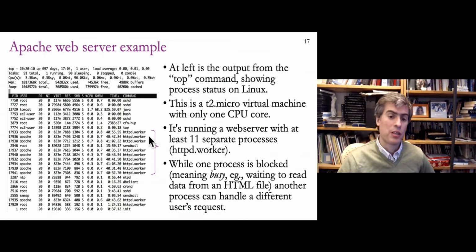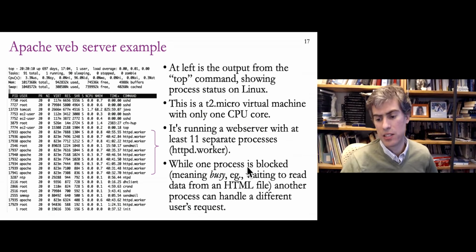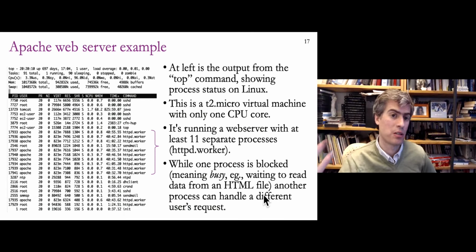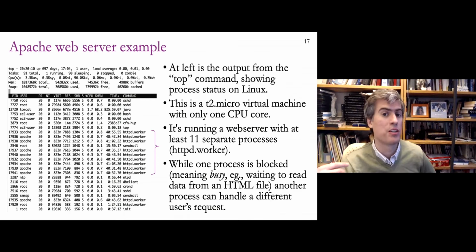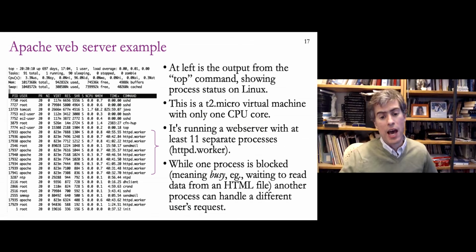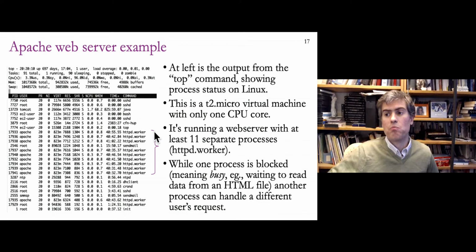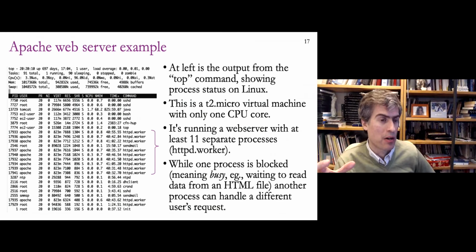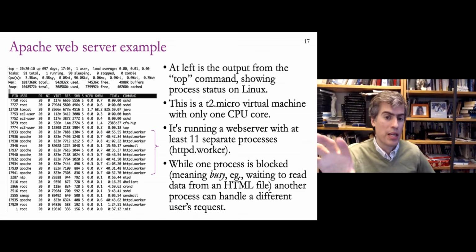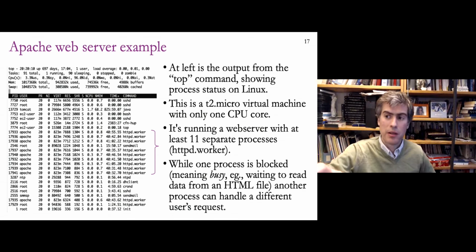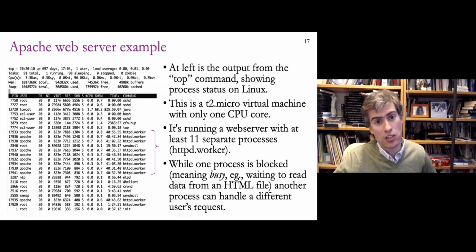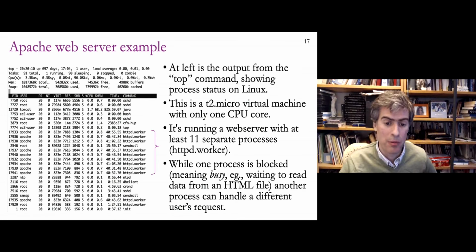Any one request to the web server might take a long time as it does things like read files from the disk. If someone makes a request to the web page, it might have to load an image from disk or an HTML file. While the disk is pulling up the data, the program can't really make any progress. So the operating system can take that program and set it aside, unschedule it, take it off the CPU, and let another program run.